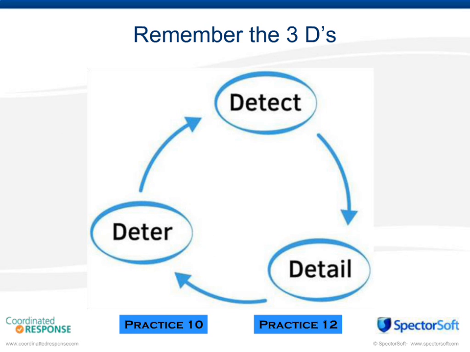And there's a good parallel here for what I think is an appropriate way of dealing with insider threat, and it applies specifically to Practice 10 with monitoring policies on privileged users, and Practice 12, which among other things encourages you to log, monitor, and audit employee actions. So if you think about these 3 D words, the first is detect. You need to be able to detect insider risk as it metastasizes, or hopefully before it does, into insider threat.